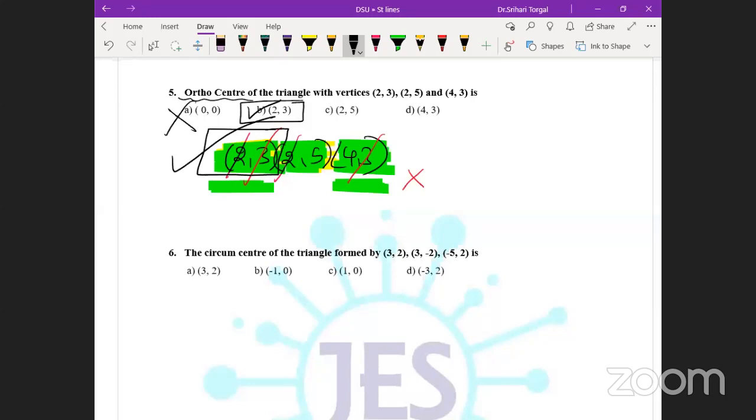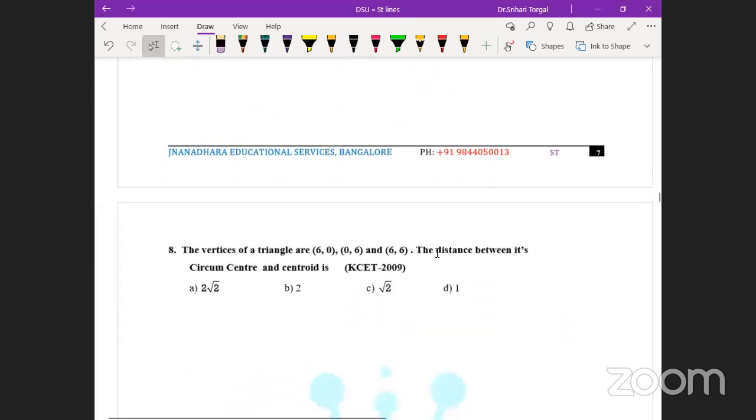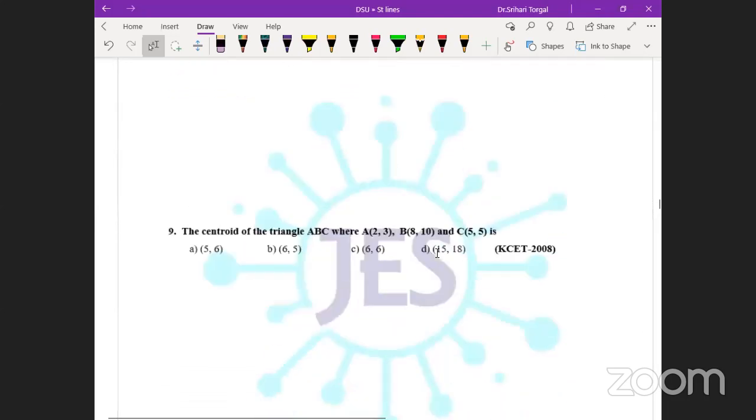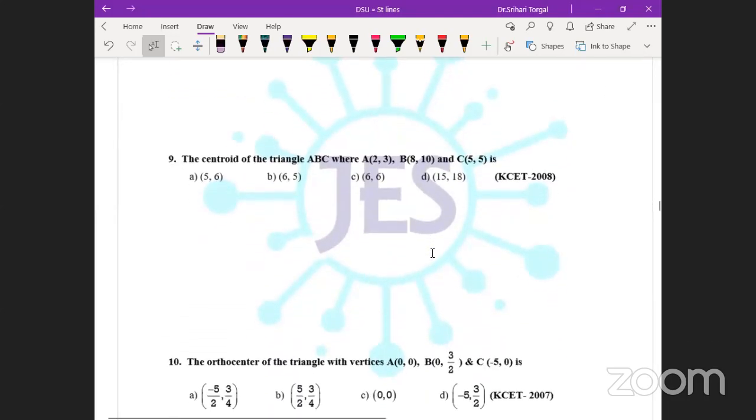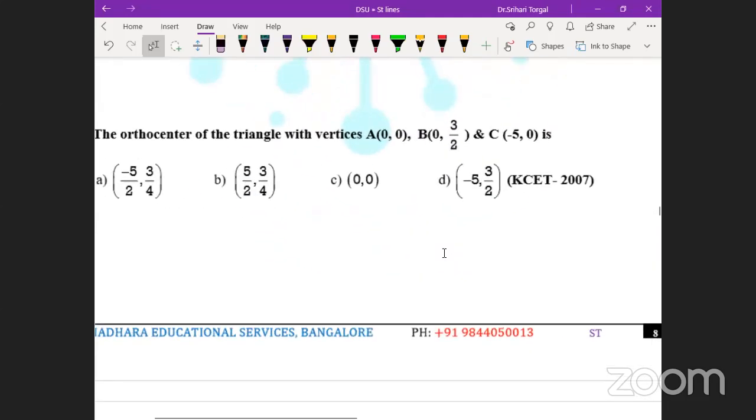Yes. One problem is there which is asked in Karnataka CET 2009. Yeah, 2007, sorry. Please do this problem.